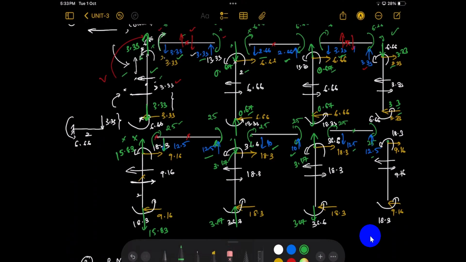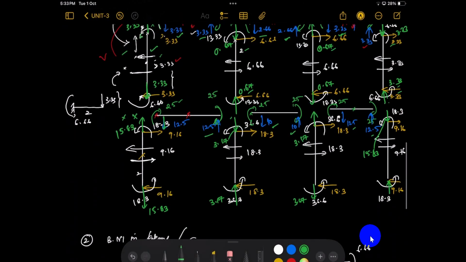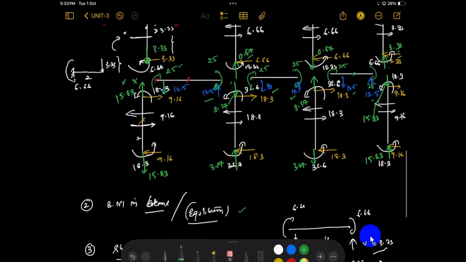So this must be downwards, means this is upwards. 3.33. So 12.5 plus 3.33. So downwards is how much? 15.83. Here it's 15.83. Okay, that's it. In general, see, it's 15.83 downwards, 3.17 upwards, 3.17 downwards, 15.83 upwards.